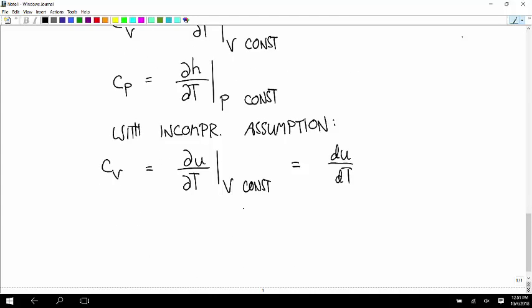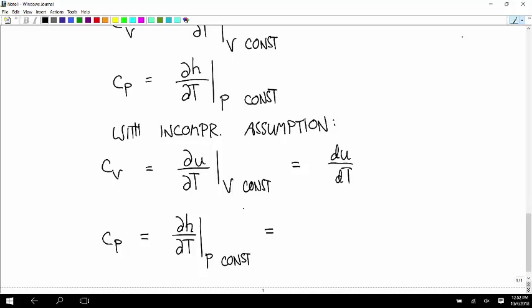And now let's think about Cp. That's equal to the partial of the enthalpy with respect to temperature, holding pressure constant. Enthalpy is u plus Pv, but P is constant.